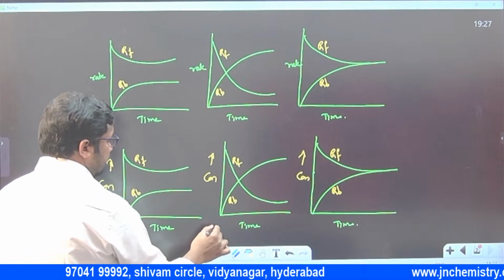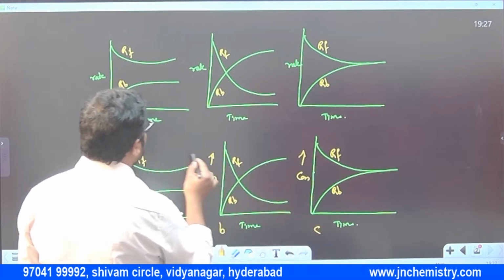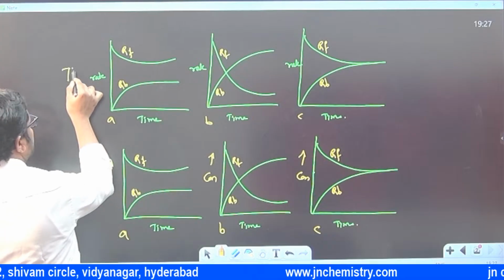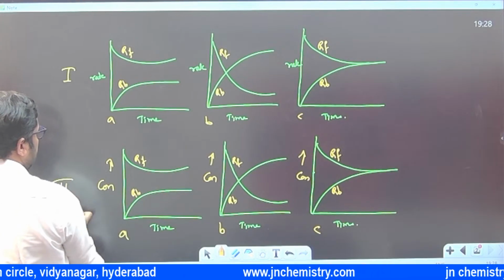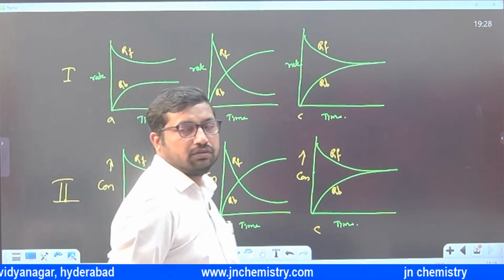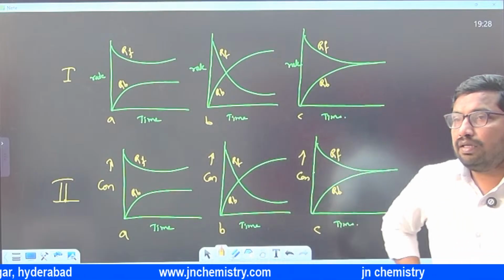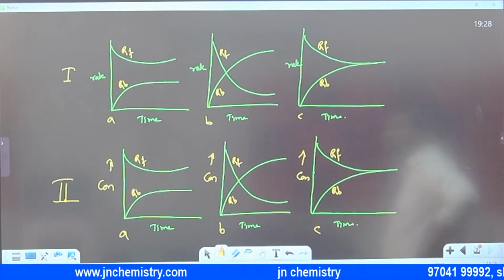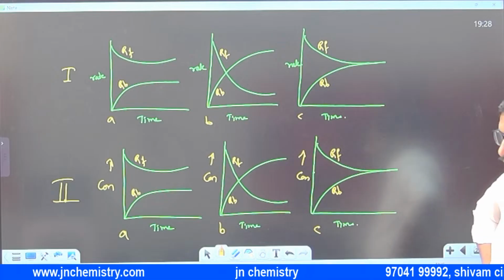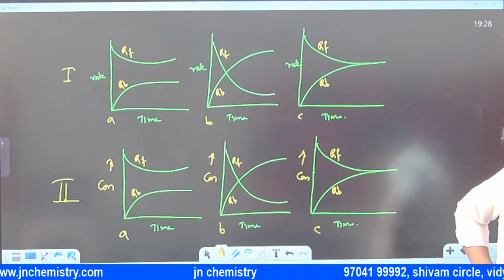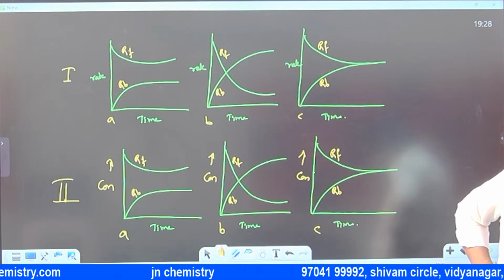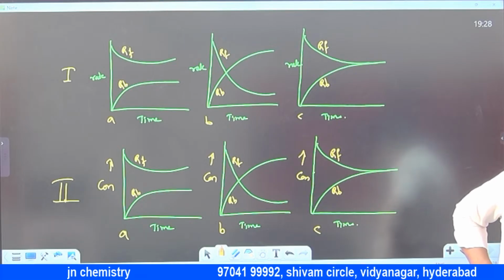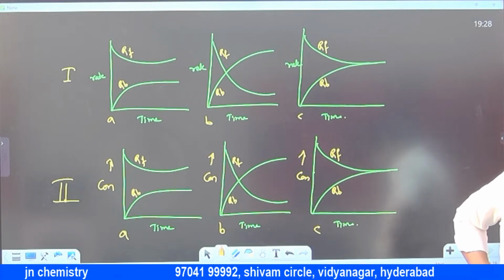This is A, this is B, this is C. This is also A, B, C. This is question number 1, this is question number 2. Write the two graphs. And in the first question, which represents equilibrium? In the second question also, which represents equilibrium?